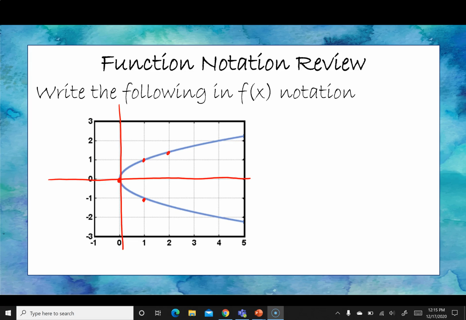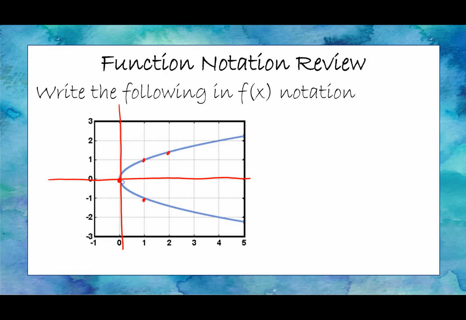There's where my origin is, right here at 0, 0. So this right here is the coordinate 0, 0. Okay, this is the coordinate 1, 1. That looks like here we've got 4, 2. Here we've got 1, negative 1, and here we have a 4, negative 2.